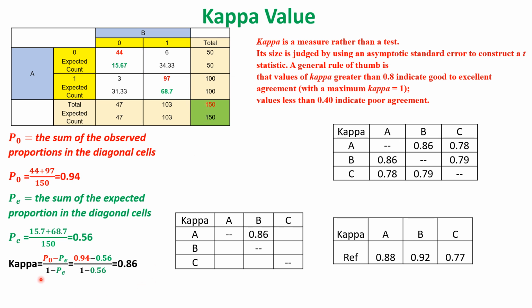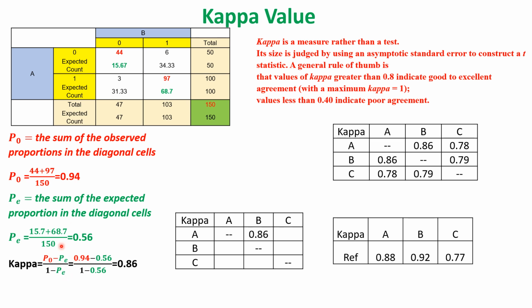Okay. So kappa value equals P0 minus P divided by 1 minus P. So what is P0? P0 is the sum of observed proportions in the diagonal cells. Here you can see 44 plus 97, these figures divided by 150, equal to 0.94. So P0 is 0.94.